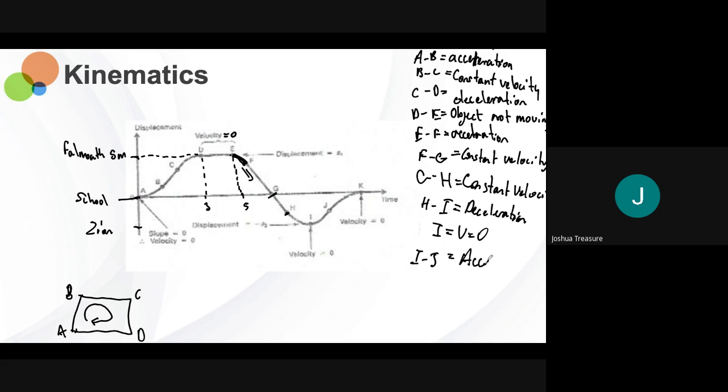Acceleration again. And then from J to K, what is happening?